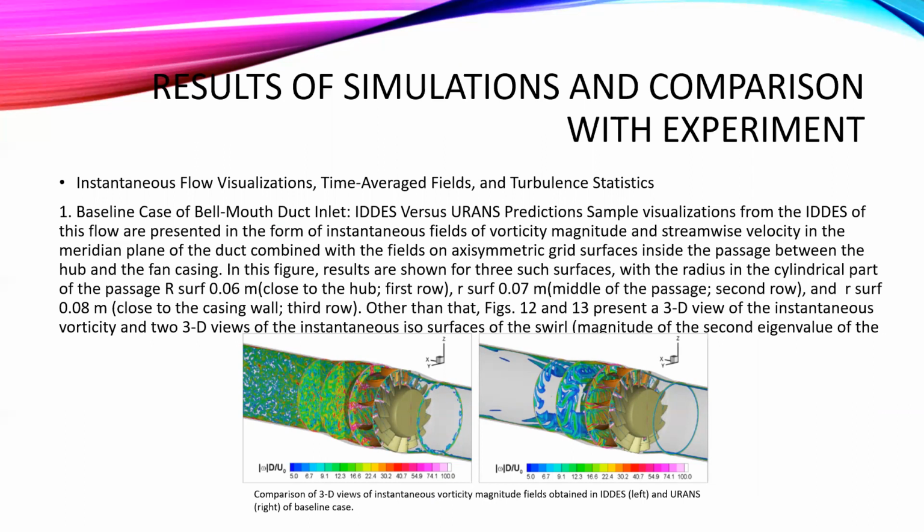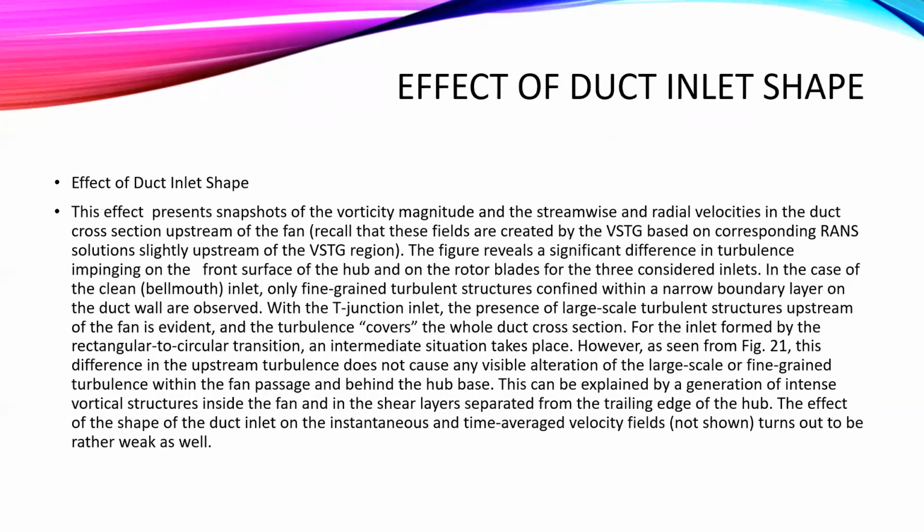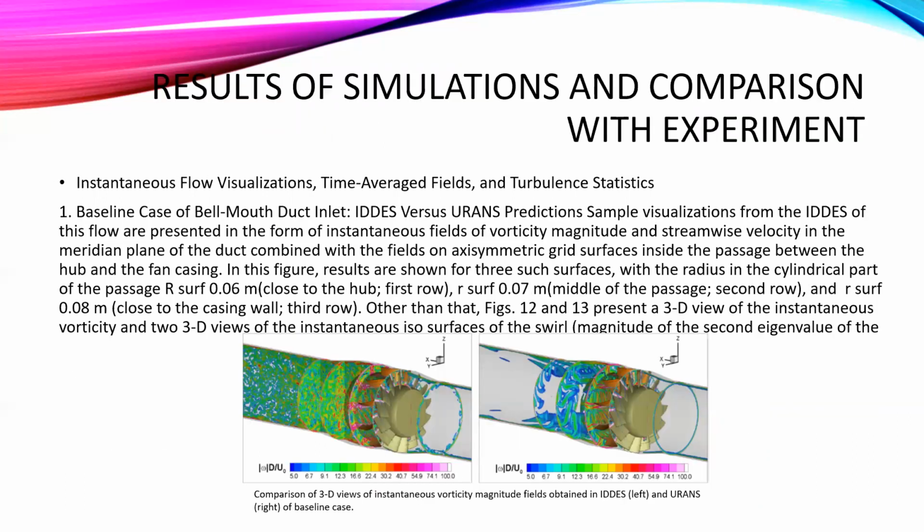The results are shown here with the radius of the cylindrical part of the passage r equal to 0.06 meter, 0.07 meter, and 0.08 meter. Other than this, the 3D view of instantaneous vorticity and two 3D views of instantaneous isosurfaces of vorticity magnitude are also given.